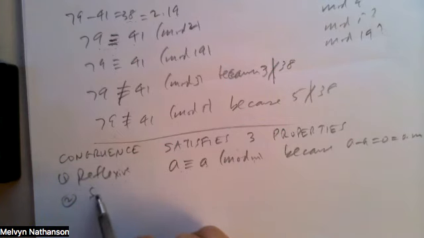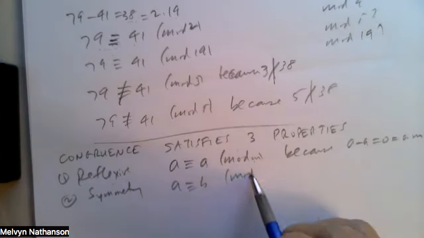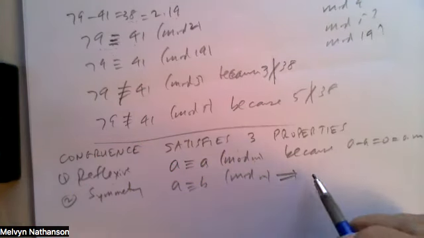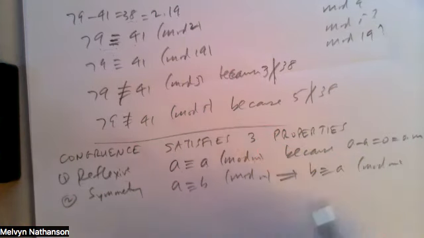There's also symmetry. If A is congruent to B mod M, then B is congruent to A mod M. And the reason is very simple.